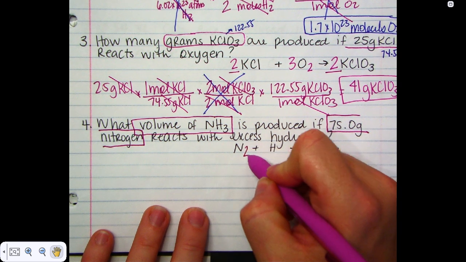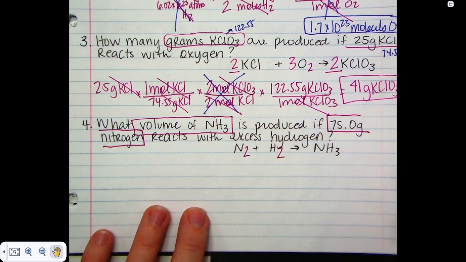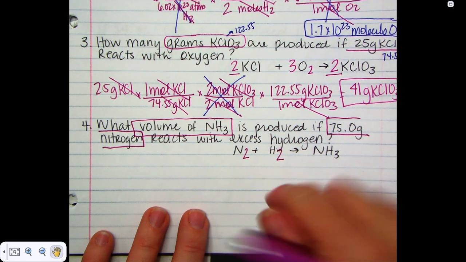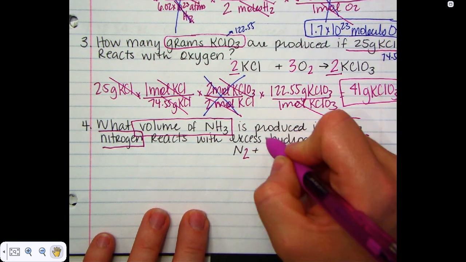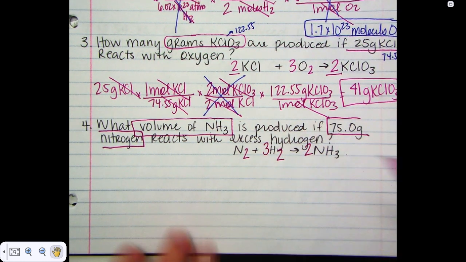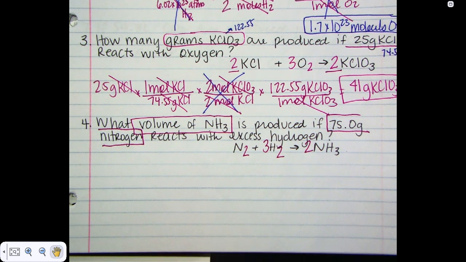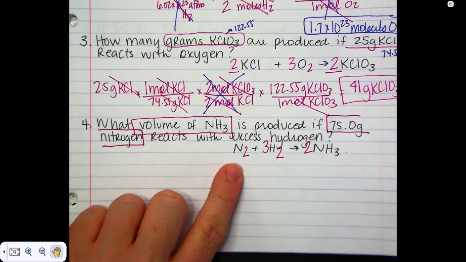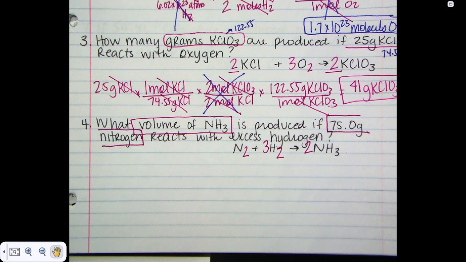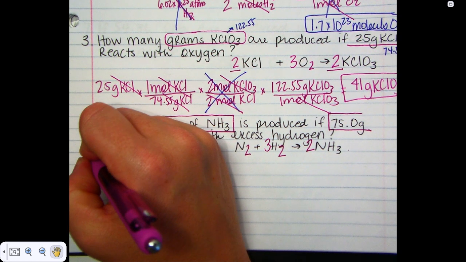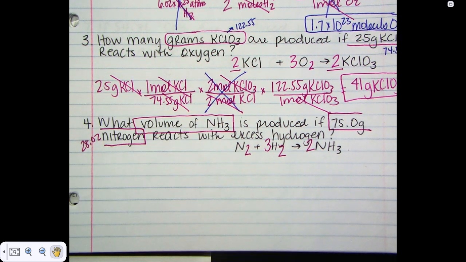So diatomic here, diatomic here. I've got 3 and 2, so I'm going to put a 2 here. That's going to give me 6, a 3 there, and that also fixes the nitrogen. Okay, so I've got grams of nitrogen, so I will need the molar mass of nitrogen. Remember that nitrogen's diatomic, so the 14.01 is going to be doubled, and that's going to give me 28.02 as my molar mass.